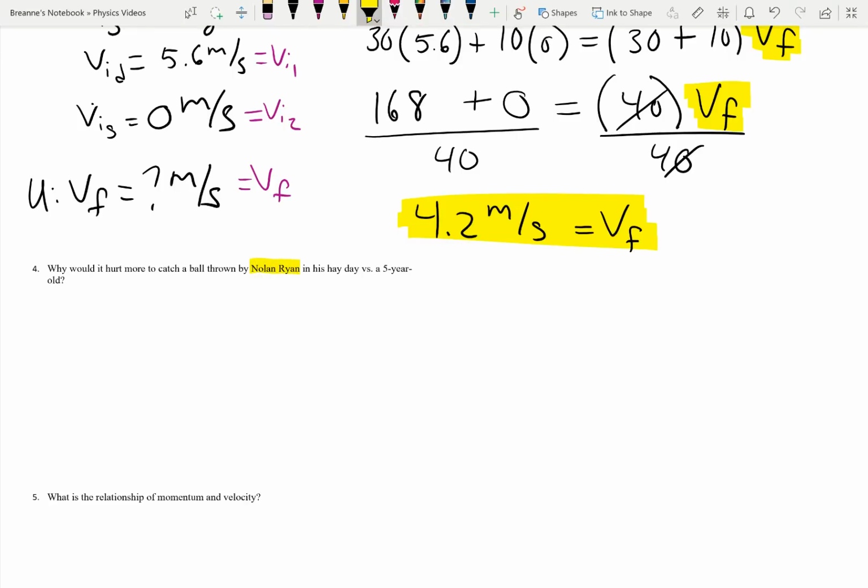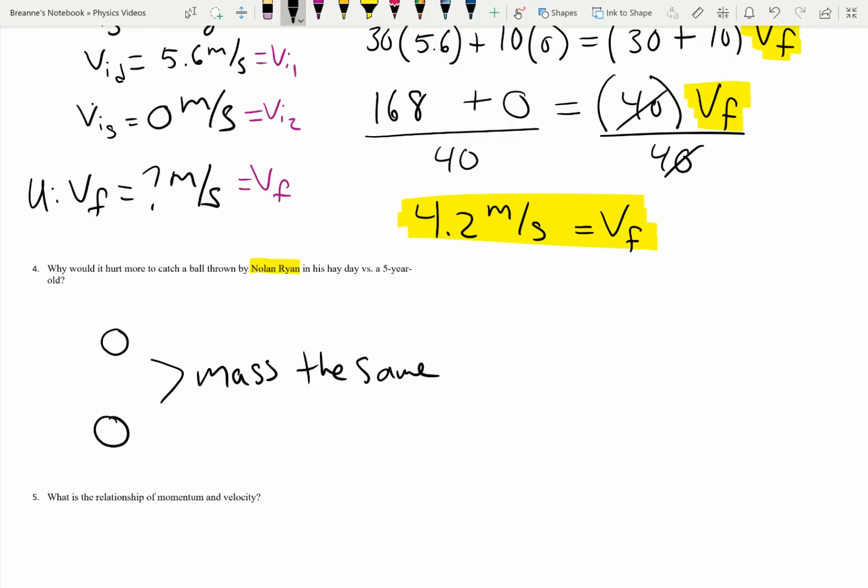The reason is because he's able to throw faster, given the same ball. So it's the exact same ball, so the masses are the same.